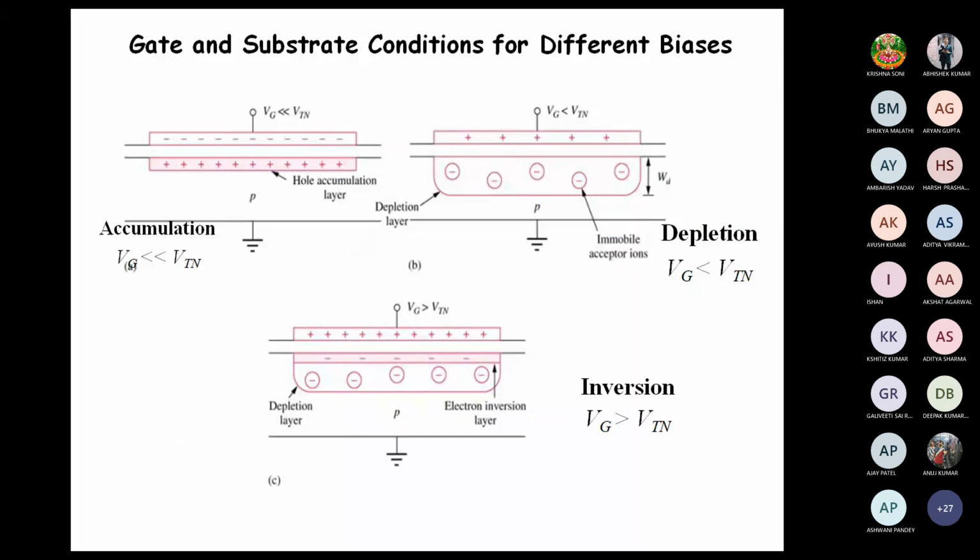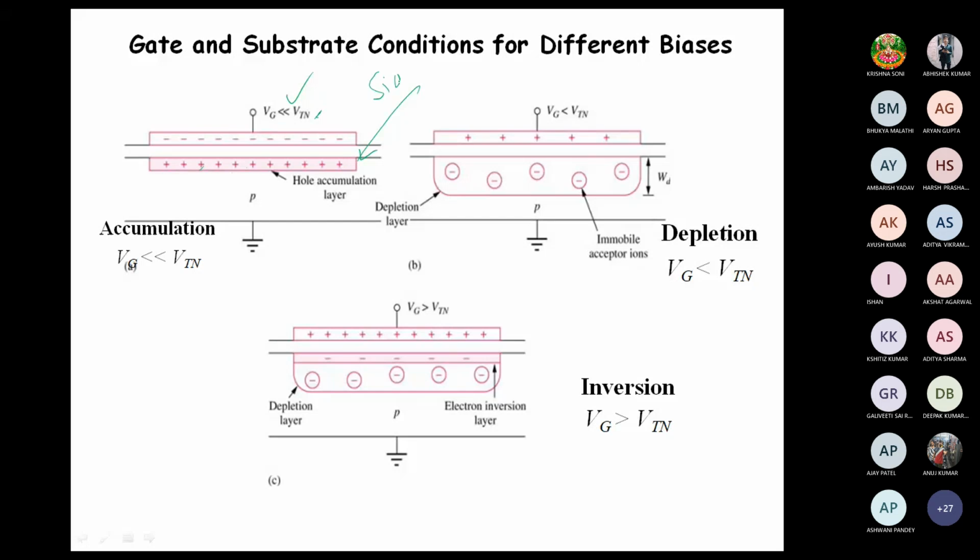Okay, the things we have qualitatively discussed here are enumerated in this slide. When Vg is less than threshold voltage, the holes are at the silicon dioxide silicon interface.